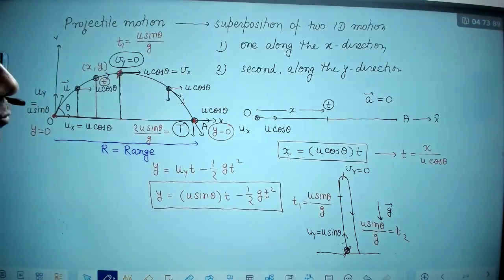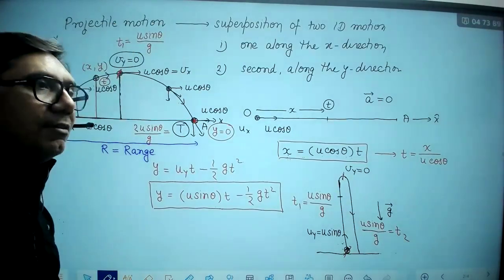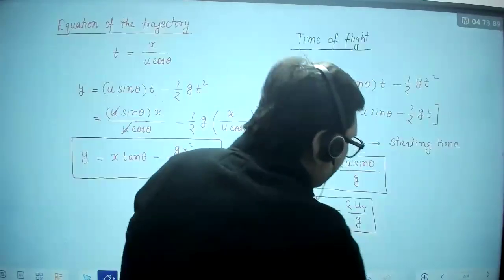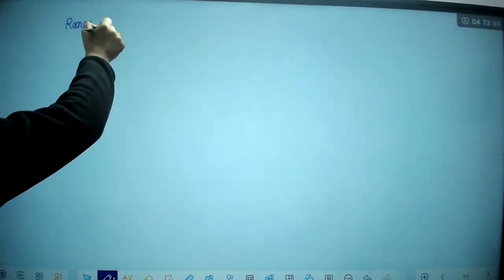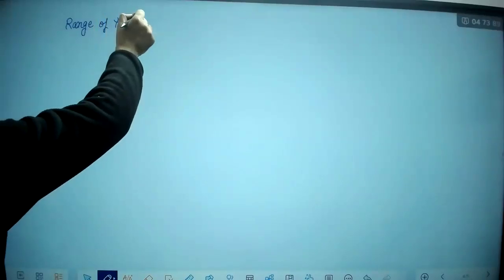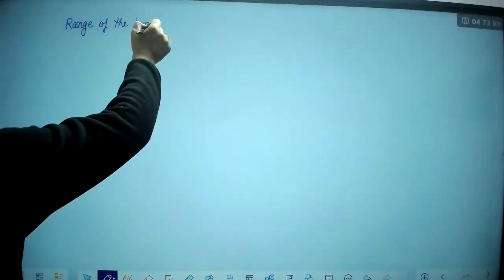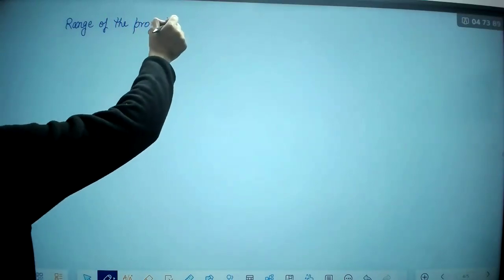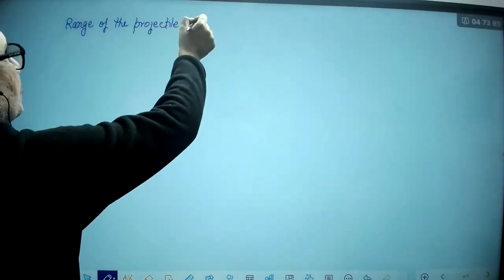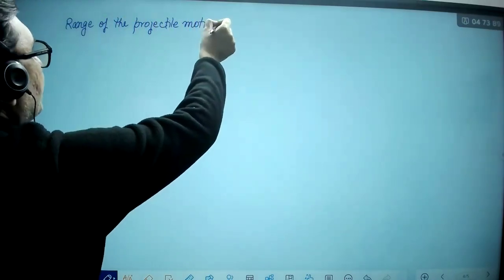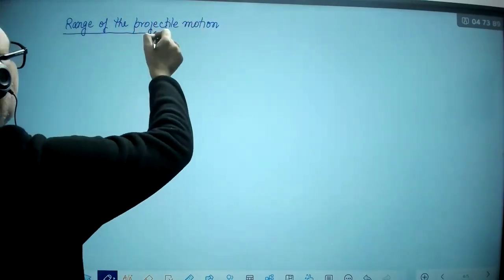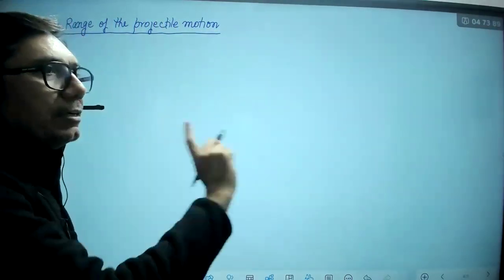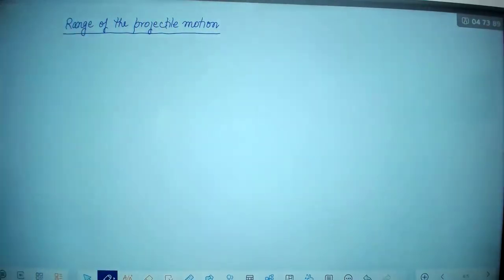So x will be u cos theta into capital T. That will be the range of the projectile motion. So the maximum horizontal distance traveled by the projectile is called the range.